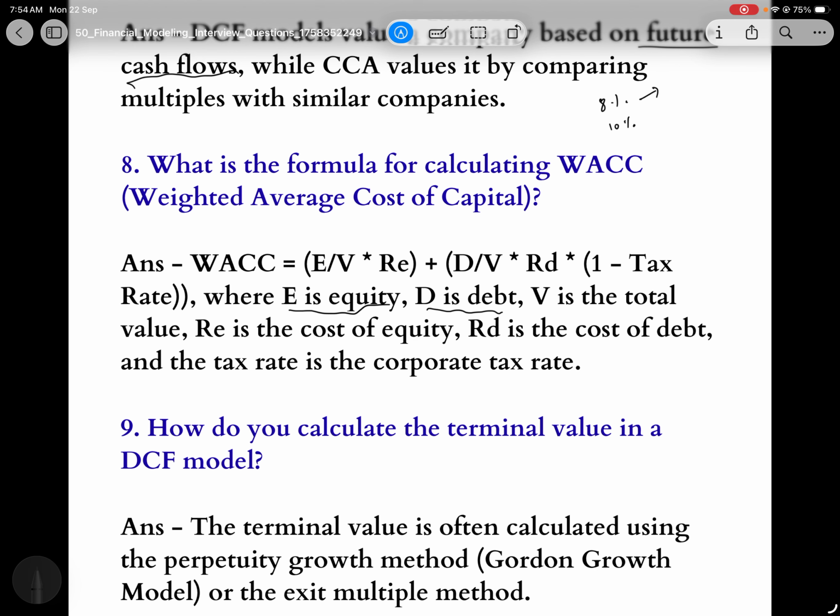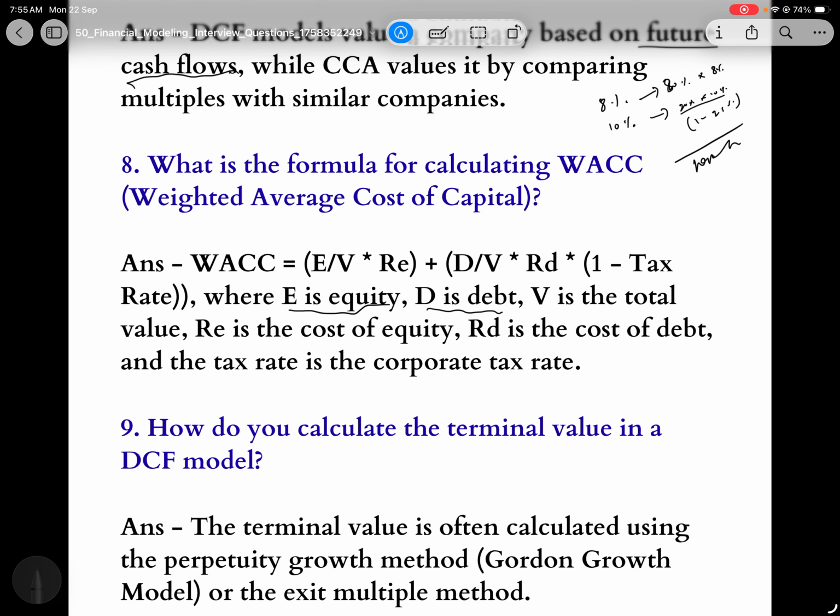Suppose the company has an equity ratio of 80%, and debt of 20%, right? So 80% times 8% plus your 20% times 10%, then we get a tax credit on this one, minus, let's say, 25%. So that's your WACC basically. Okay, so that's the formula.